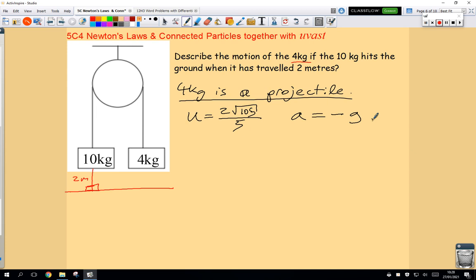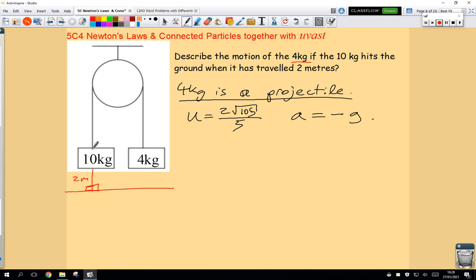So the 4 kilogram particle just becomes something moving upwards with an acceleration downwards, and we can work out how long before it stops and reaches its highest point. We can work out how far it will travel upwards. We can work out all of that as long as we know that at that moment the 10 kilogram hits the ground.